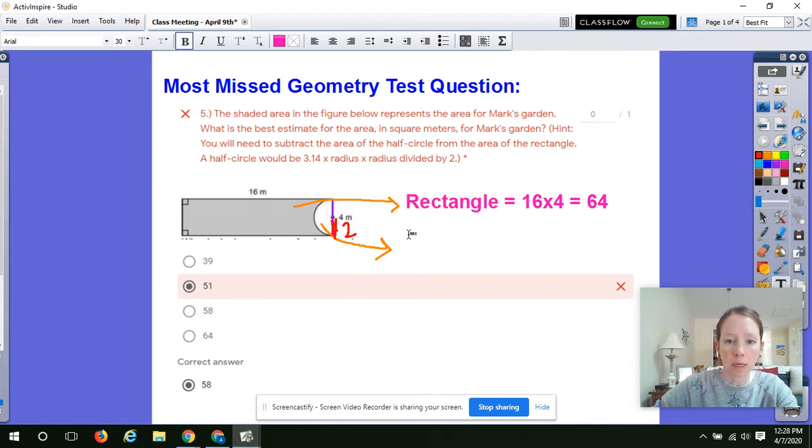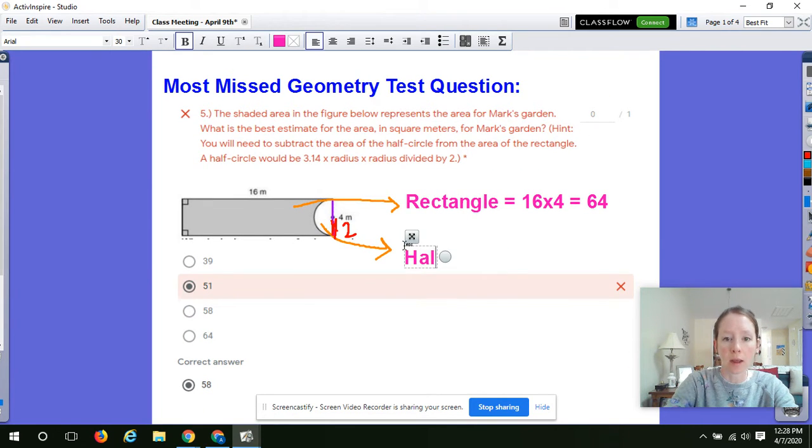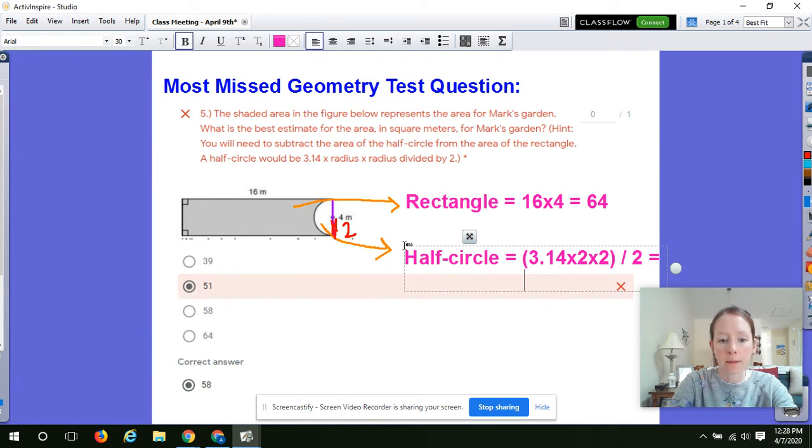So let's take a look at that. So our half circle is 3.14 times 2 times 2, but since it's only half the size, I would divide by 2, and that is equal to 6.28.